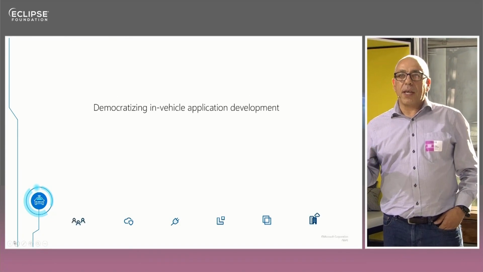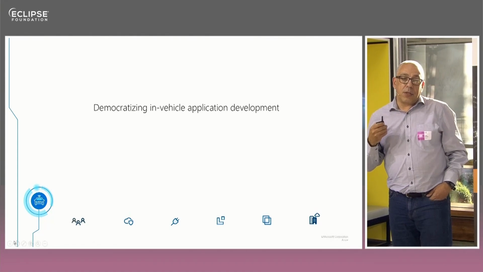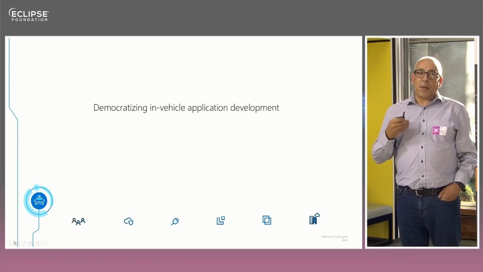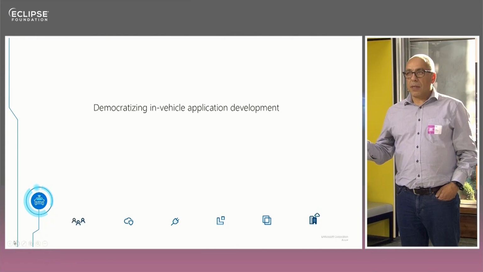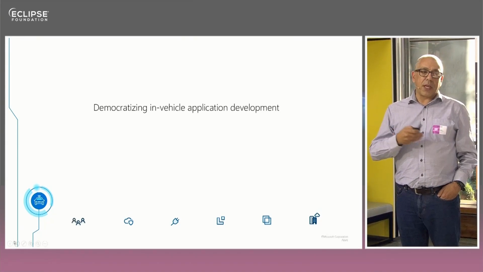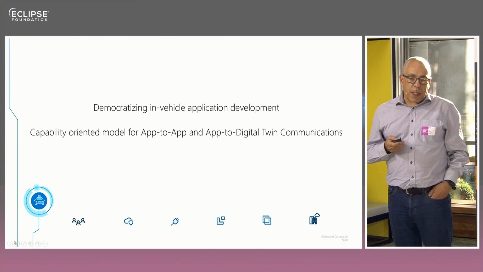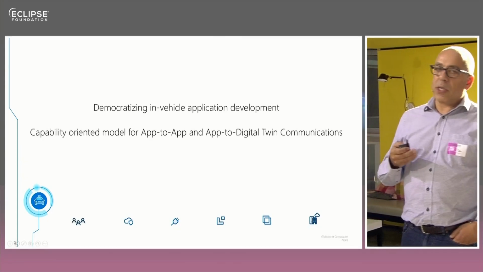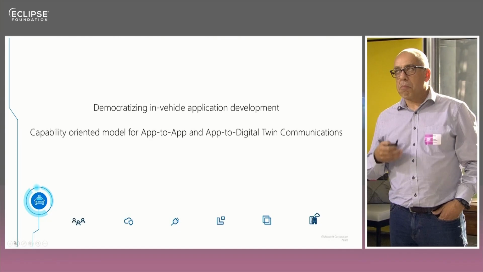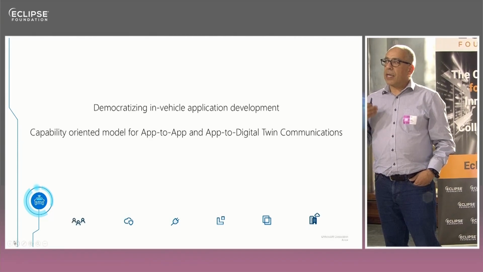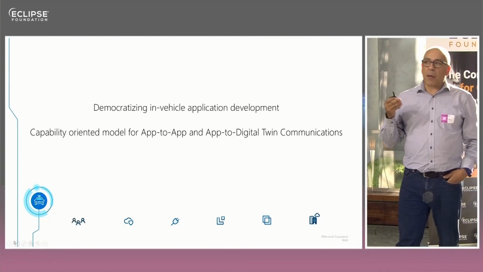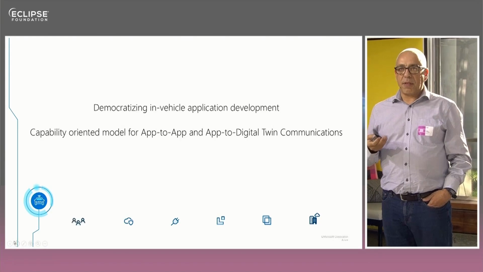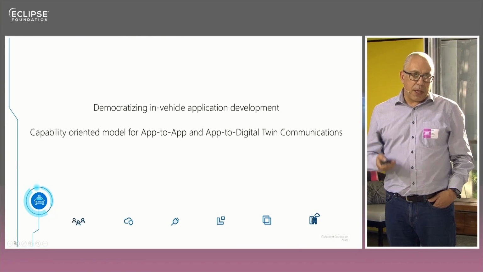We want to simplify app running inside the vehicle, abstracting as much as possible the vehicle complexity. And we do this through the introduction of a concept which we call capability-oriented architecture, a capability-oriented model for application to application, but also application to the digital twin representation of the vehicle itself.